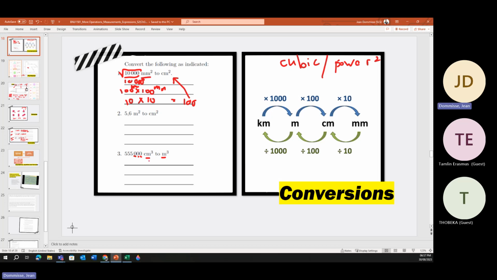Here we need to drop 3 because it is to the power of 3. So 555,000 centimeters will be 555 meters to the power of 3.